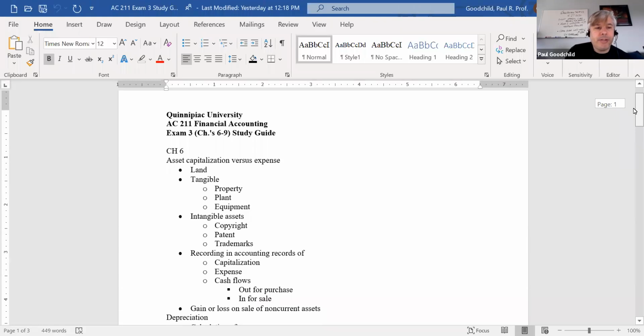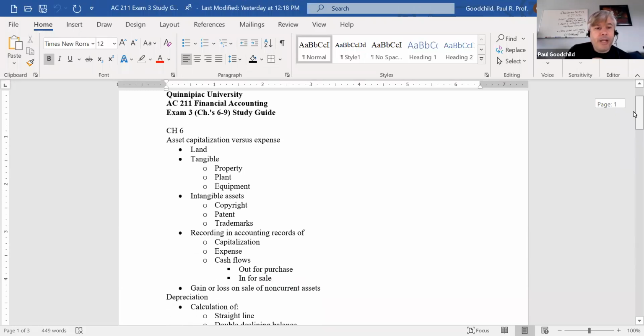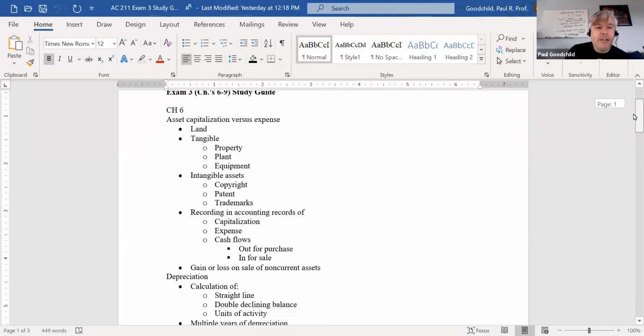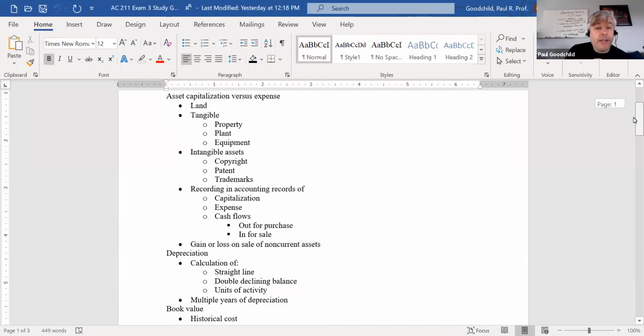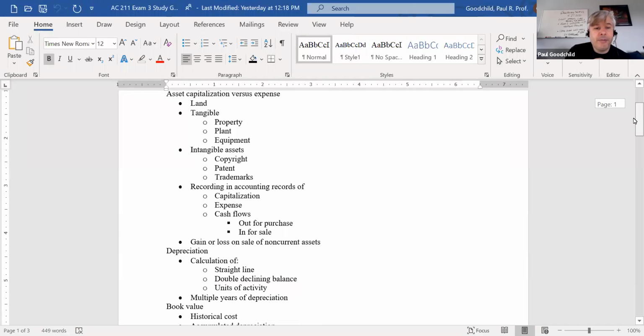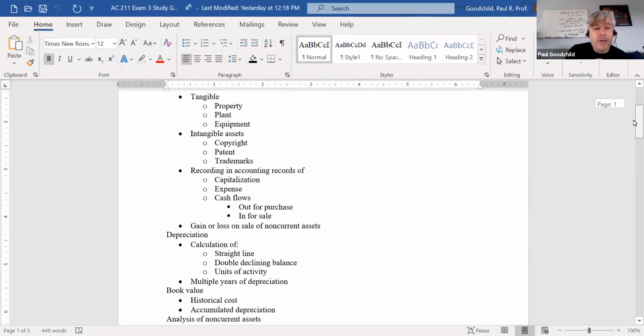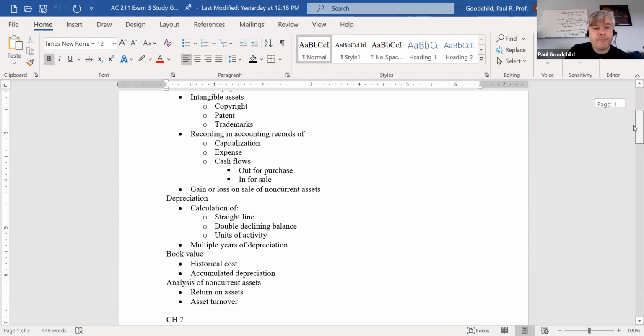So chapter 6 is about non-current assets, depreciation. And so you have asset capitalization versus expense, land, tangible property, recording in accounting records, capitalization, expense, cash flows, gain or loss on sale of non-current assets, and depreciation.